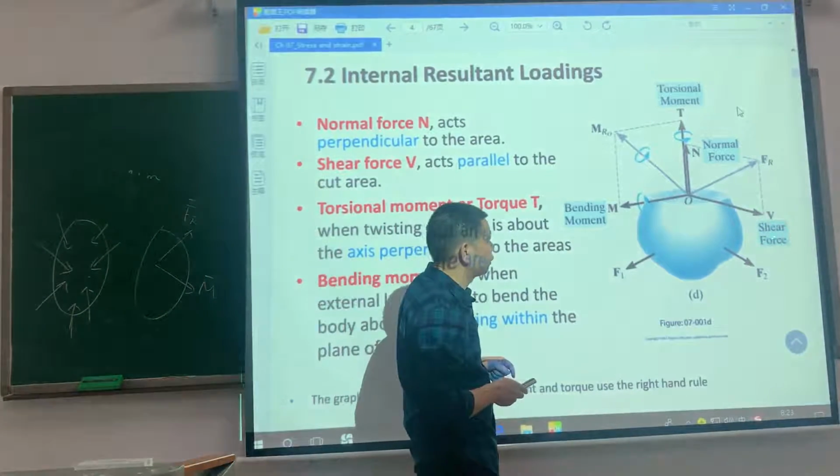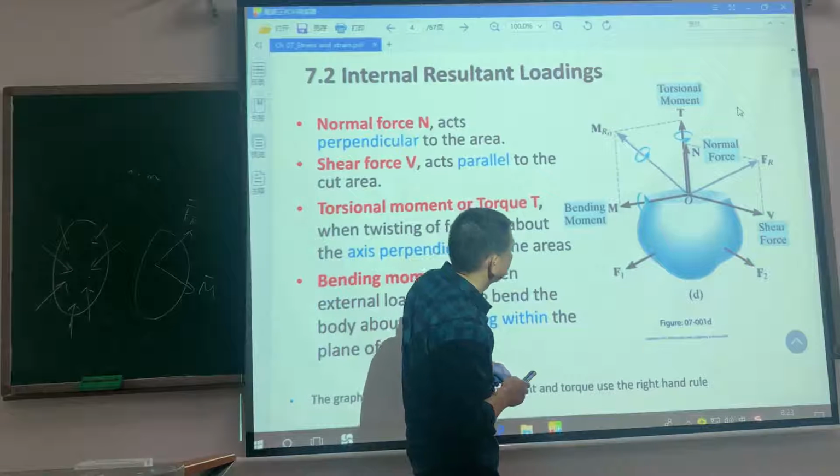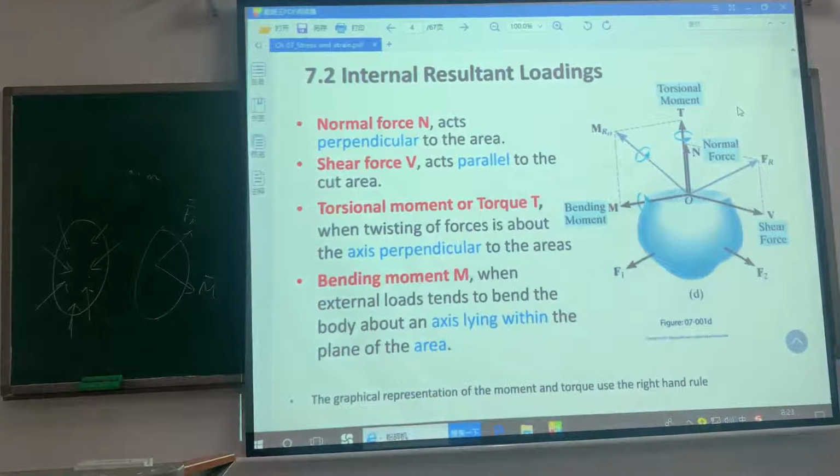Then there are two shear forces. Shear force means that at the section location, the left part relative to the right part will move along the section.